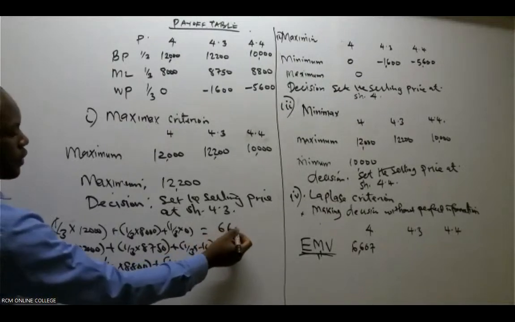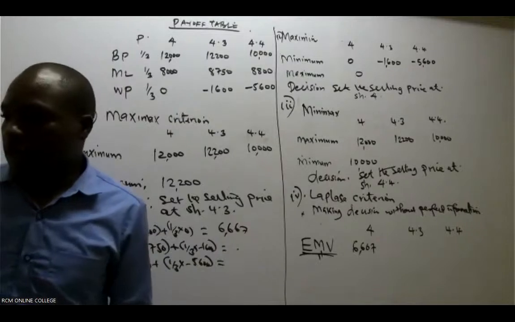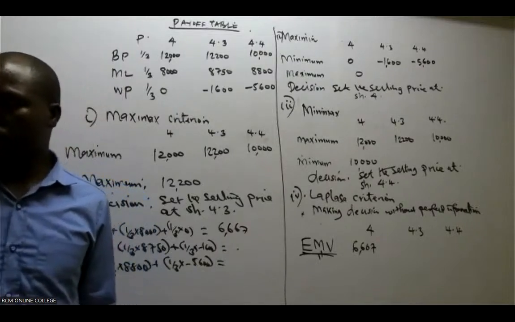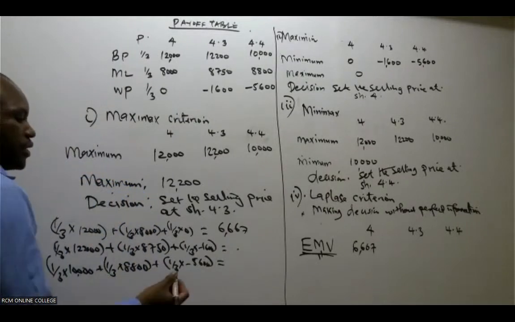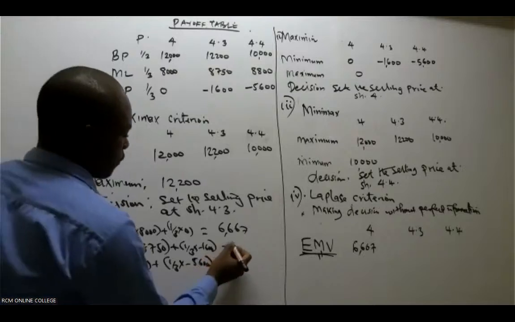So this is 6,667. The second one, is it 6,450? No, 6,450 is the third one.